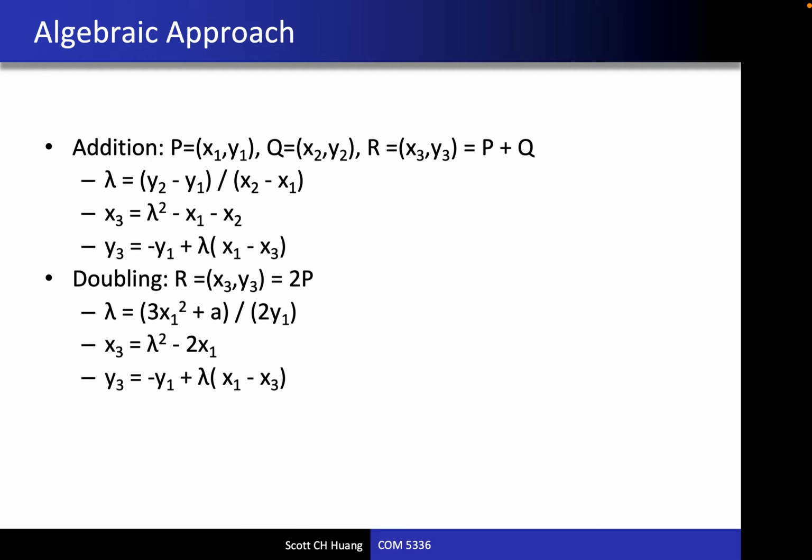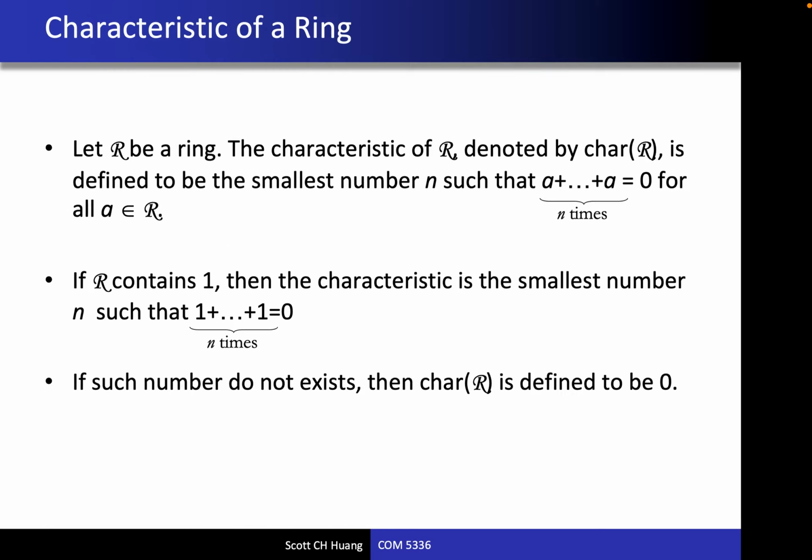Now, before we jump to the idea of elliptic curves over finite field, how to deal with that problem, let me briefly take an excursion to the characteristic of a field. Suppose we have a field, we have a special characteristic in algebra.